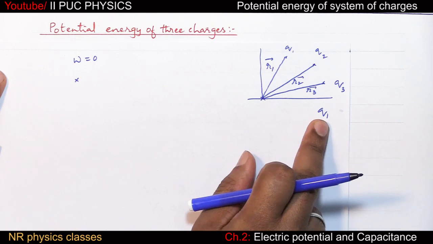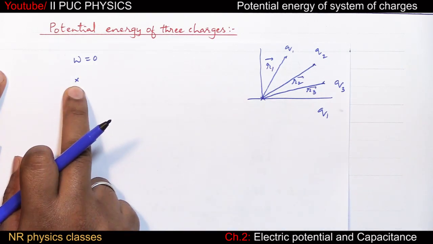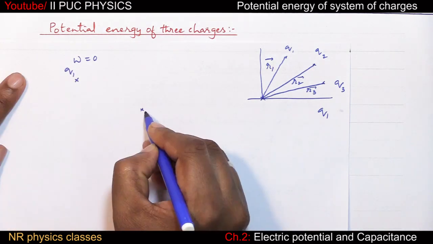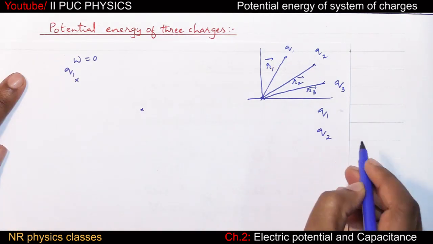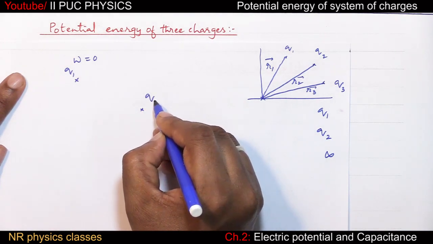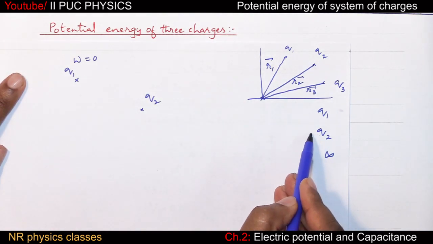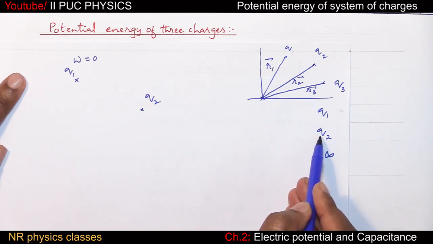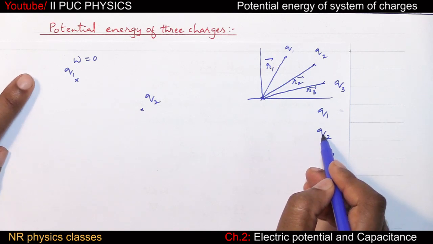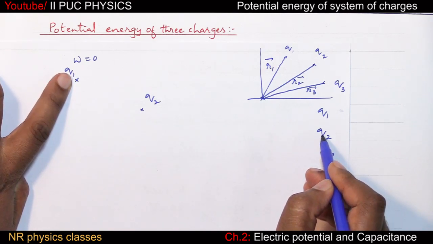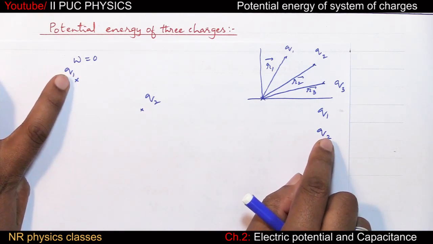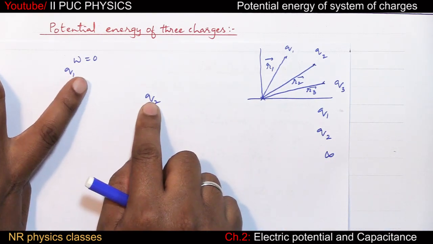So we can easily bring Q1 from infinity to this point. Now at this point we have Q1. Let us bring Q2 from infinity to this point. We are bringing it closer, because if these two are like charges, there will be a repulsion between these two charges, and if these two are unlike charges, then there is attraction.